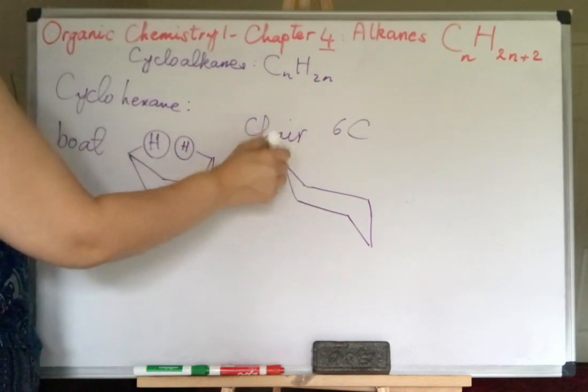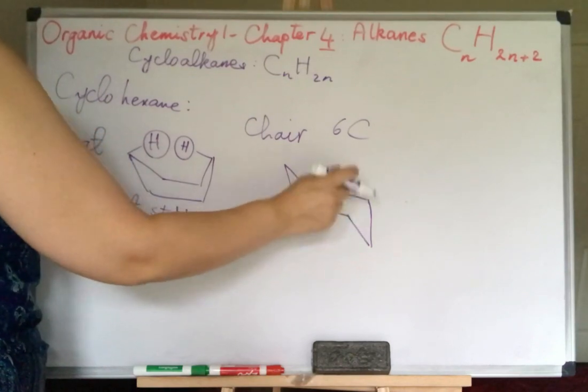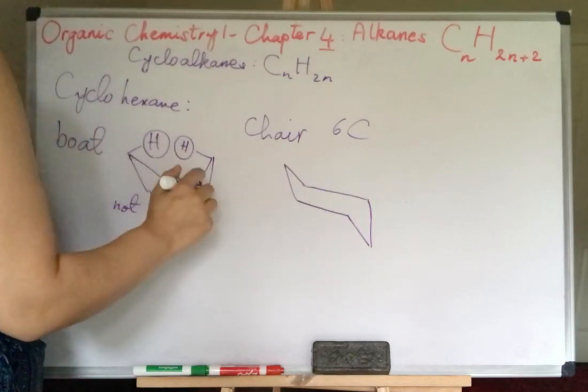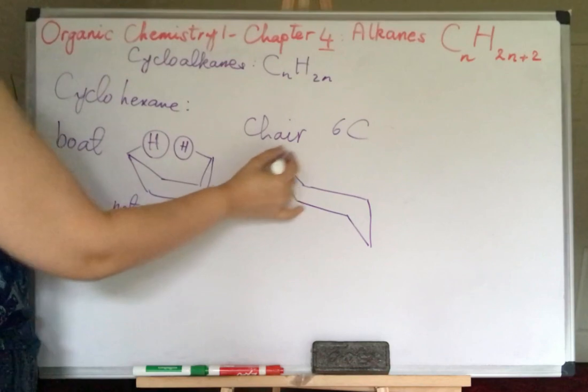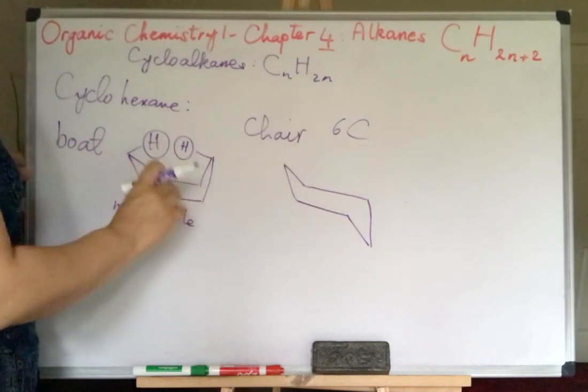So 1 wedge on top, 1 wedge on the bottom, and the 2 parallel lines should be connected to the wedges. You can number this just cyclohexane without any substituent on it.